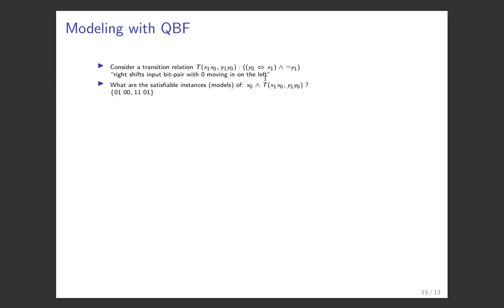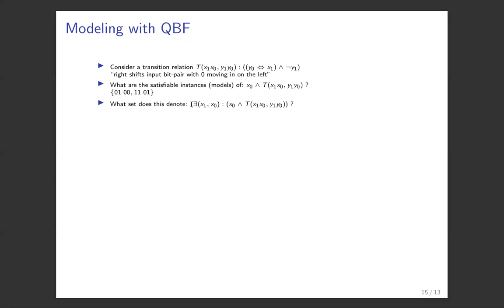So you can use formulas to represent sets of states, and therefore even behaviors can be represented as formulas. Similarly, you can use a Boolean formula: there exists x1, x0 such that this is true.